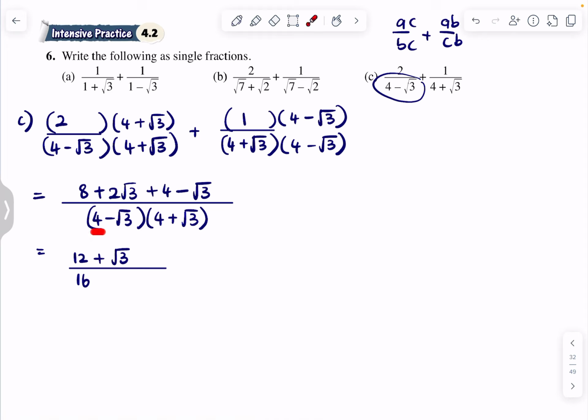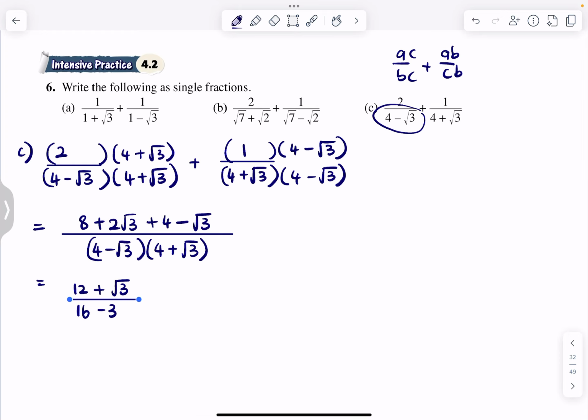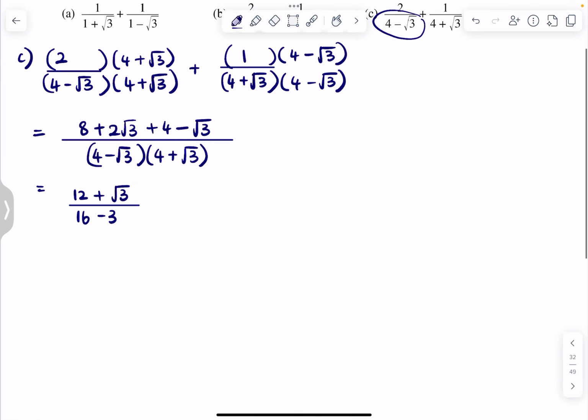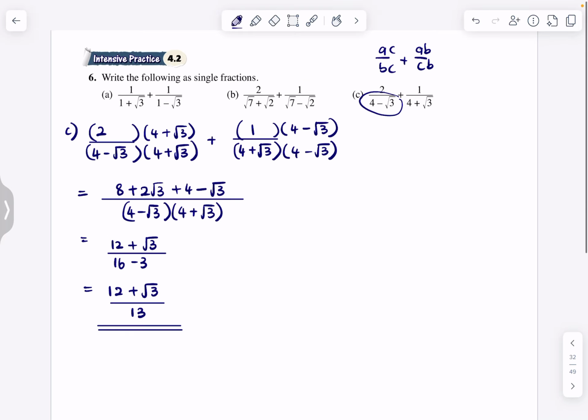Shortcut, since conjugate, this times this, and then this times this, so negative 3. So now 16 minus 3 we can simplify, which gives us 13. Done. That will be our simplest form. That's it.